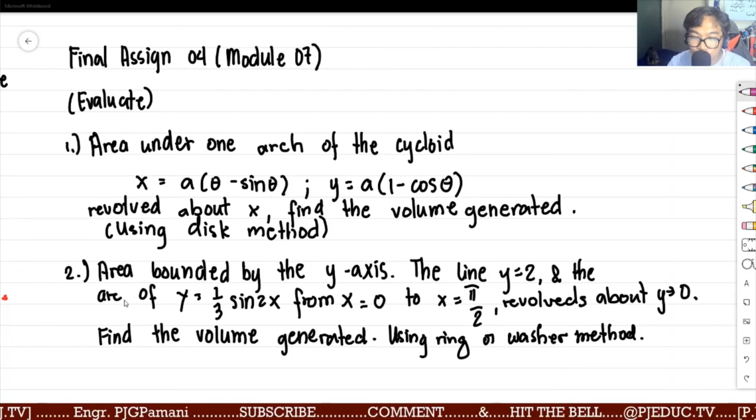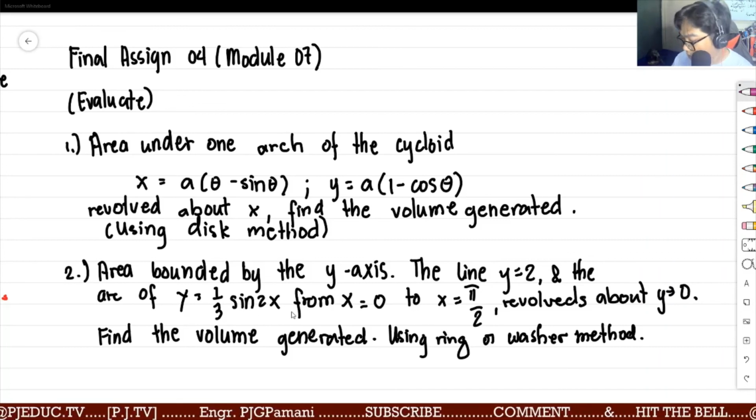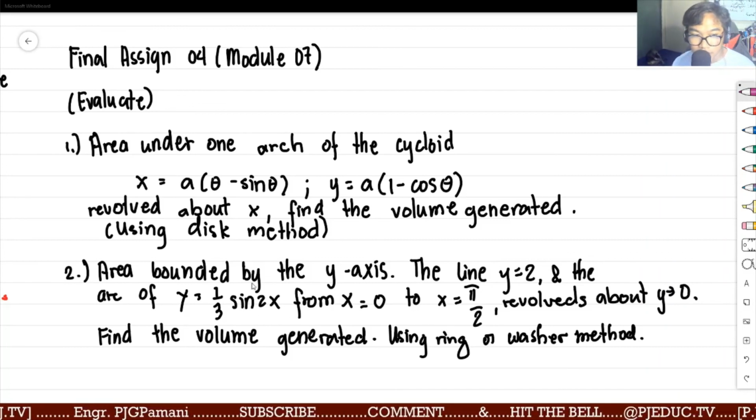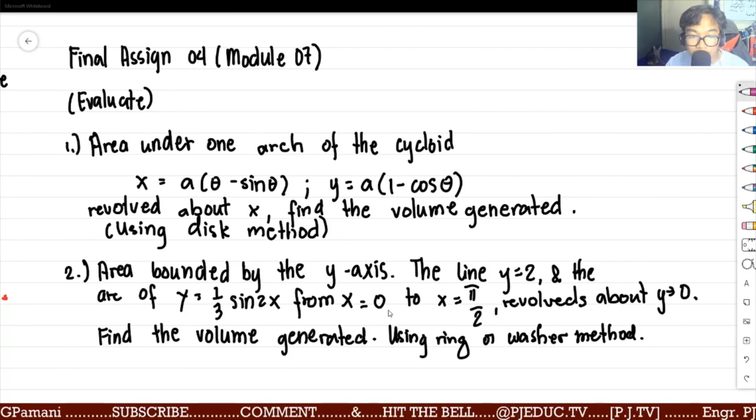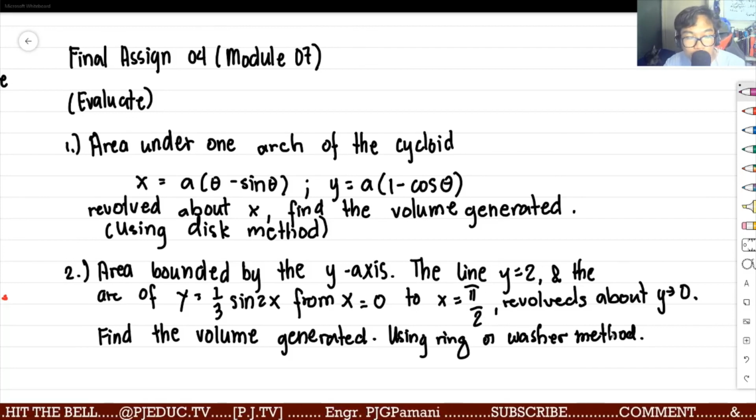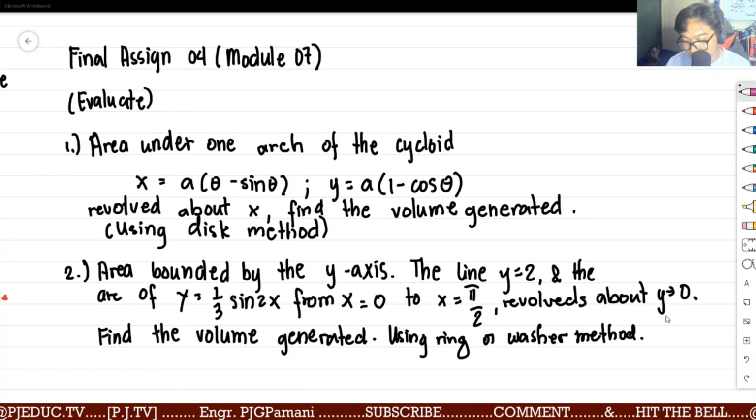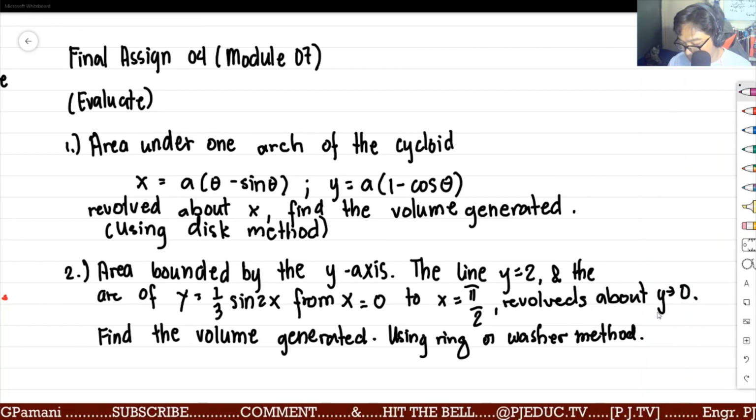Then, for problem number 2, area bounded by the y-axis, the line y is equal to 2, and the arc of y equal to 1/3 of sine 2x. Palitan ko yung y. Dapat ito ay 1/3.